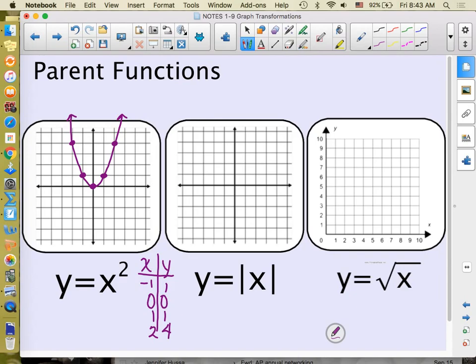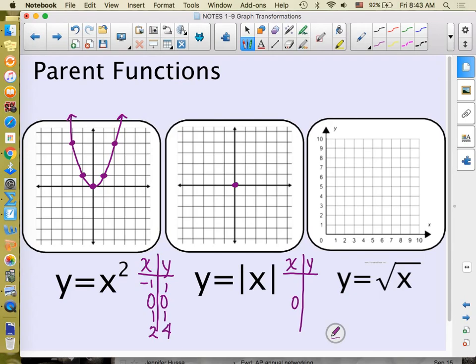The absolute value of x, same thing. If you would like to make a t-table and think through what those basic parent function points look like, please go ahead and do that. When you think through absolute values, again, you want to check for some positive and some negative inputs because the domain includes both for the absolute value function. I know the absolute value of 0 is 0.